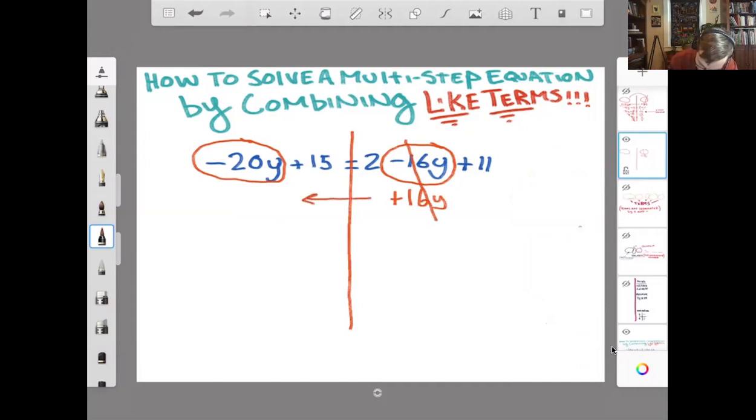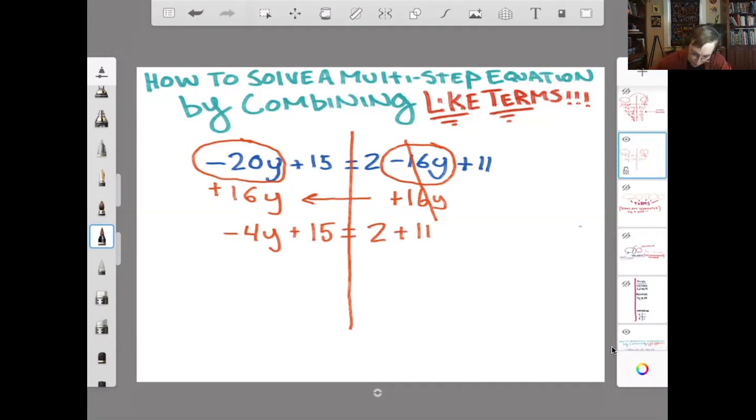So I'm going to jump over here, and I'm going to add 16y to negative 20y. That will give me a total of negative 4y. So now the new problem, which I always write out the whole thing, because if you don't, the steps get weird and wonky, is negative 4y plus 15 equals 2 plus 11.